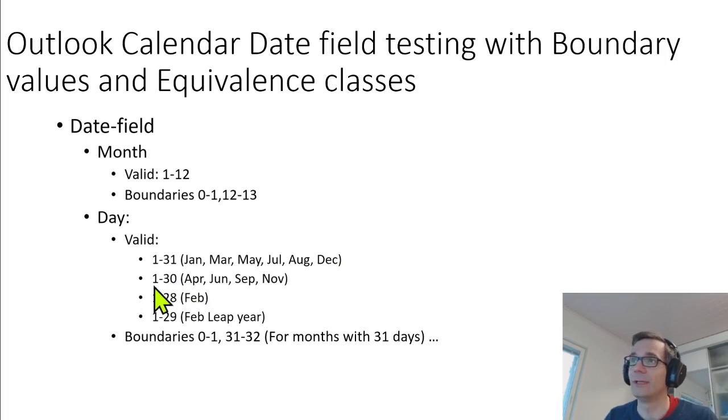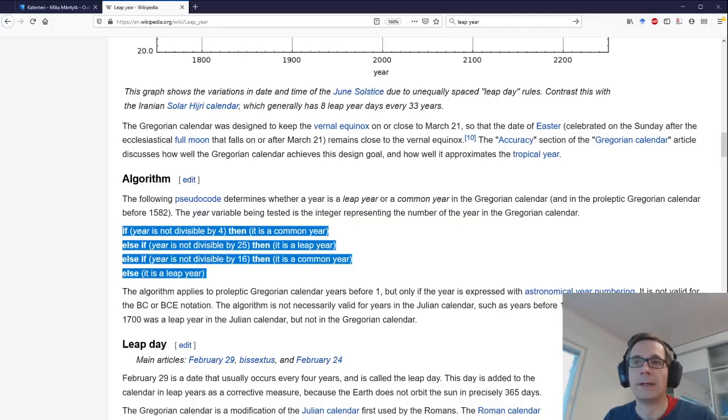Now one should continue testing with months that have 30 days, months that have 28 days, and months during leap years in February. And the leap year testing is actually quite tricky, as you can see. If a year is not divisible by 4, then it is a common year.